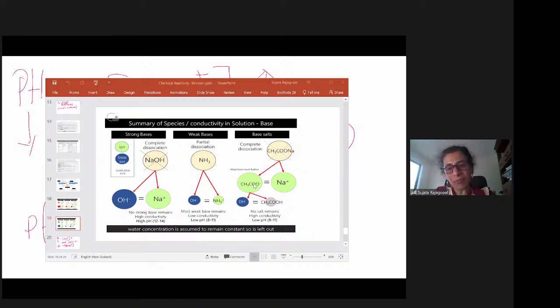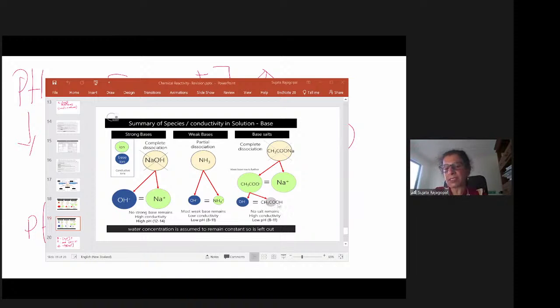Because we are talking of basic salts, the conjugate weak base has to further dissociate to give you hydroxide, because sodium is a metal, it won't give you any. It is separating out and giving you only the base part, which with water will shift into hydroxide ions and form your weak conjugate base.